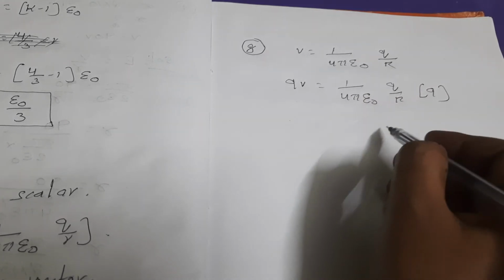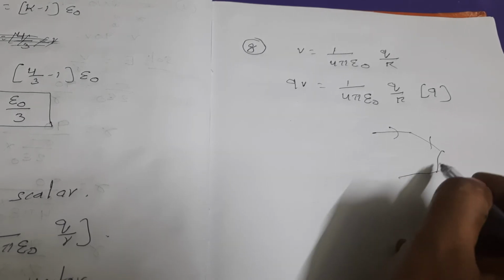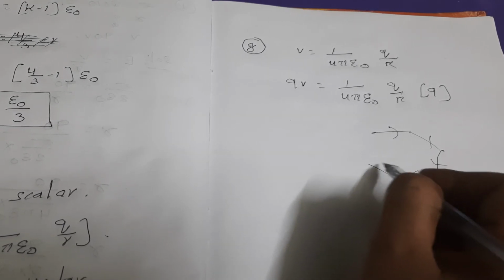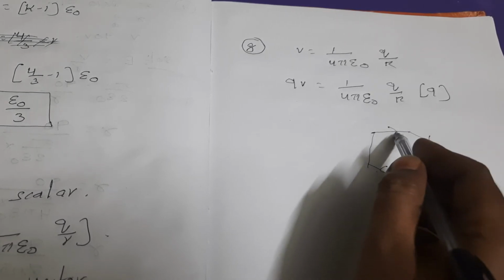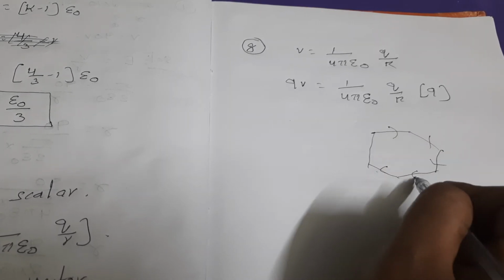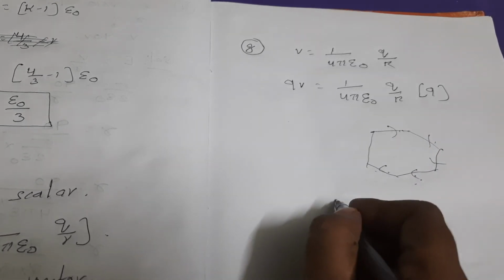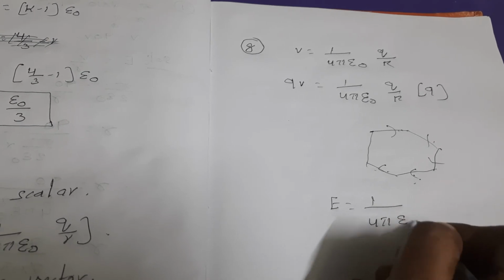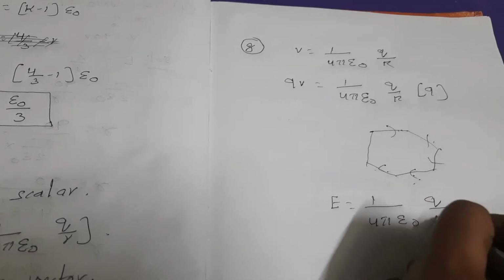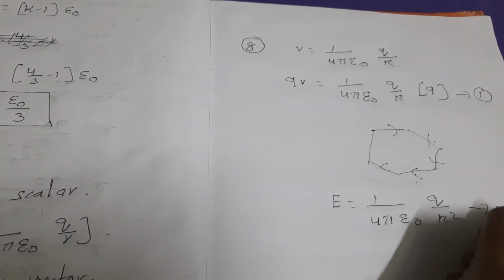But for intensity, it forms the polygon like that. This direction is opposite to this direction, so these two are cancelled. Finally, we are getting only one due to one charge, E is 1 by 4 pi epsilon naught Q by R square. This is equation number 1 and this is equation number 2.